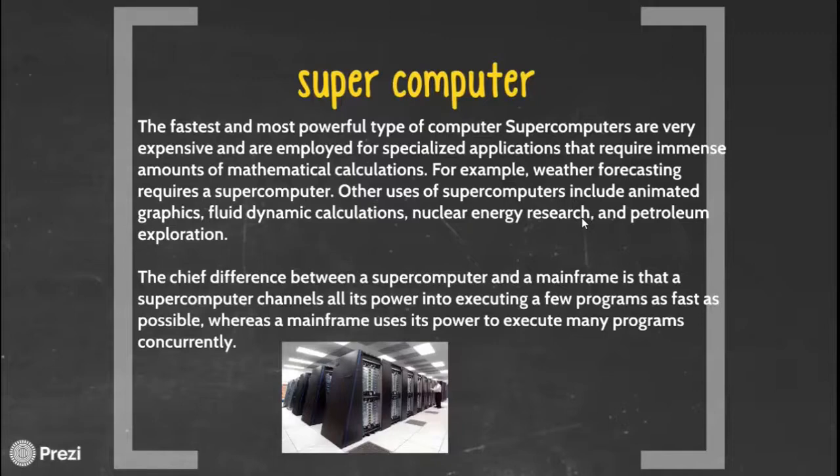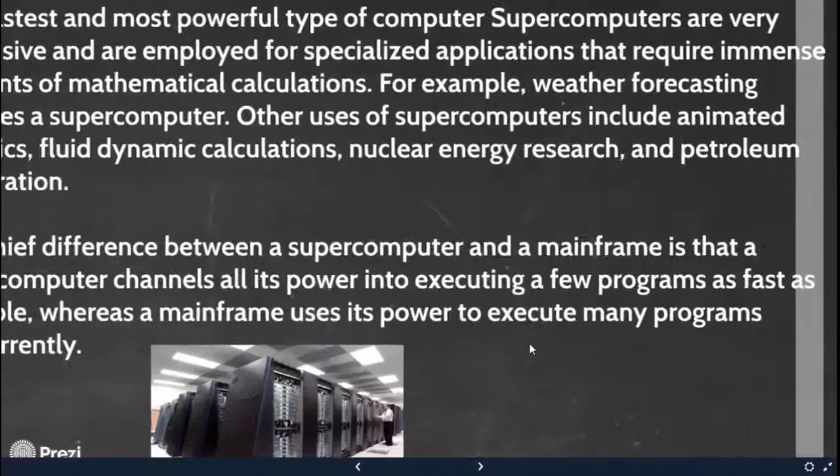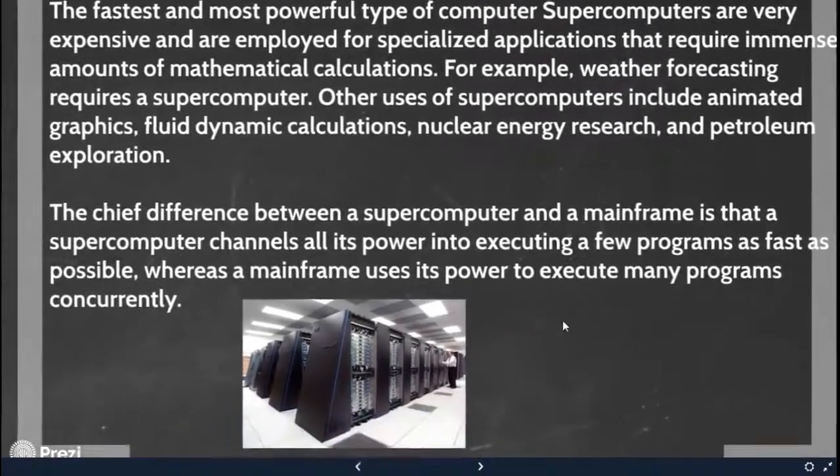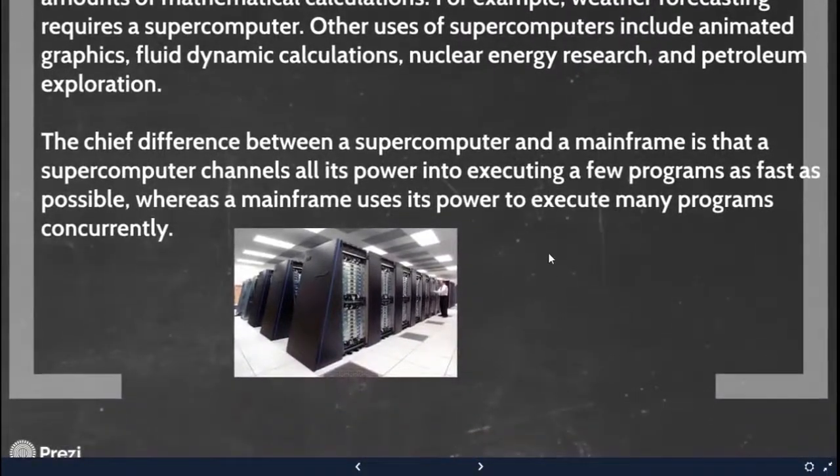Now there might be some misconceptions between supercomputer and mainframe, and this statement clarifies it. The chief difference between supercomputer and mainframe is that a supercomputer channels all its power into executing a few programs as fast as possible. The key term here is few. What's important is the speed.